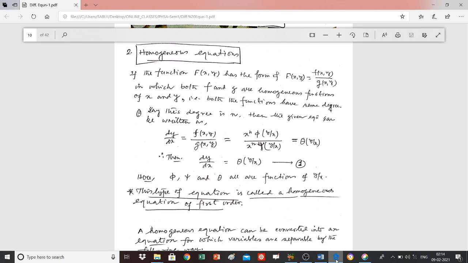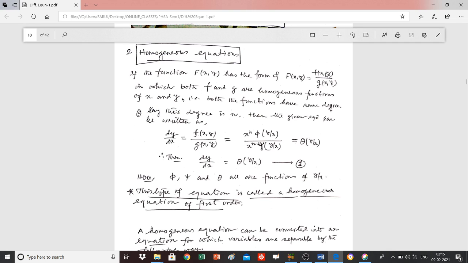So we know that the equation has the general form dy by dx is equal to f(x,y), as we learned in our previous class. So if the function f(x,y) has the form of a function of x,y divided by a function g(x,y)... In our previous cases, the function f(x,y) was separated into two individual functions: f was only a function of x and g was only a function of y.